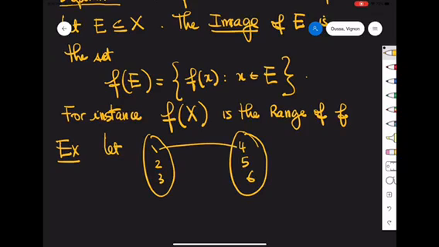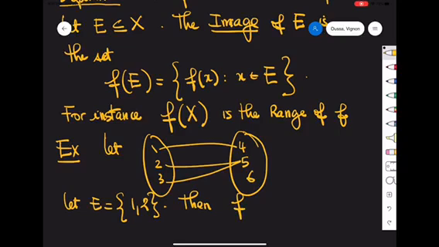So suppose we have this map here. And let E be the set containing 1 and 2. Then clearly f of E will be the set containing 4 and 5, right?